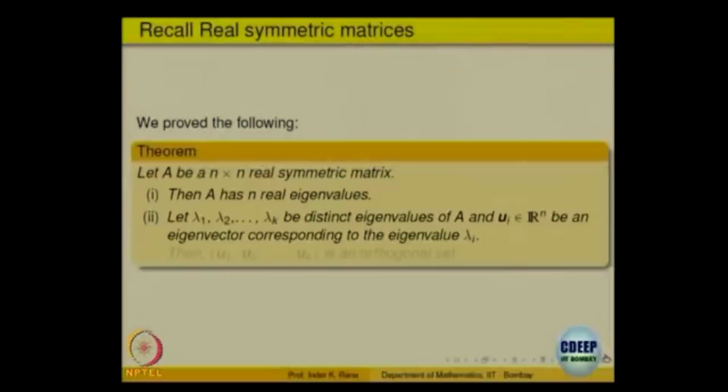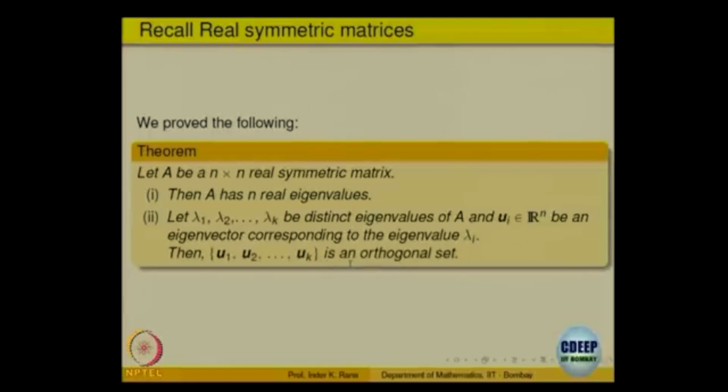Okay, so let us begin today's lecture by recalling that in the last lecture we had proved the following theorem: if A is an n cross n real symmetric matrix, one, it has n real eigenvalues, and secondly, if lambda 1, lambda 2, ..., lambda k are distinct eigenvalues and the u_i's are corresponding eigenvectors, then the set u1, u2, ..., uk is an orthogonal set.